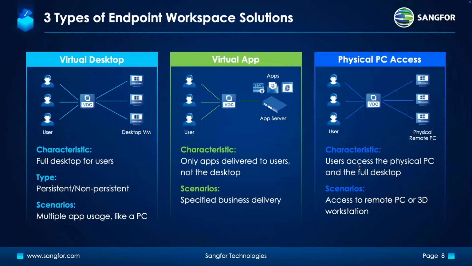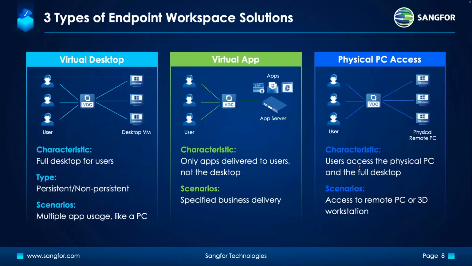Now, other than these two, we have another type of access which we call physical PC access, through which, if there is any remote site or physical workstations or 3D workstations, you can provide complete access to these machines remotely while having similar control over the user's access as well.